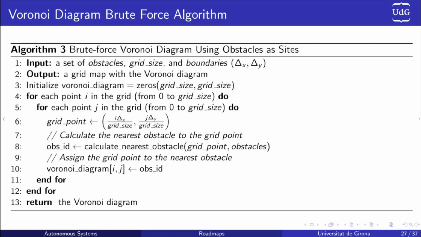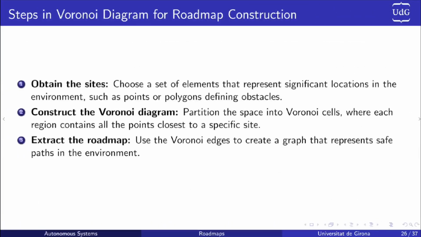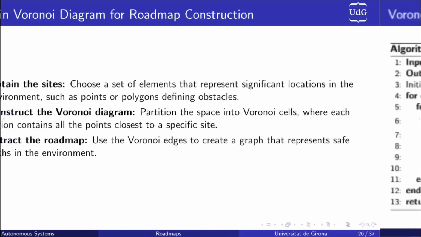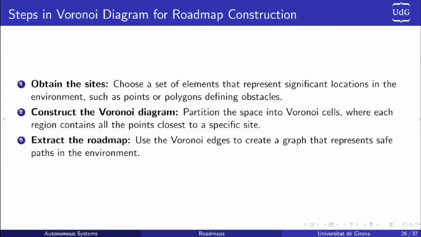This is the same thing I tried to explain in plain words, but in an algorithmic way. Here we set the obstacles, a grid, and the boundaries of this grid. And the output will be, again, another grid. This is for step 2, how to construct the Voronoi diagram, not how to extract the roadmap.